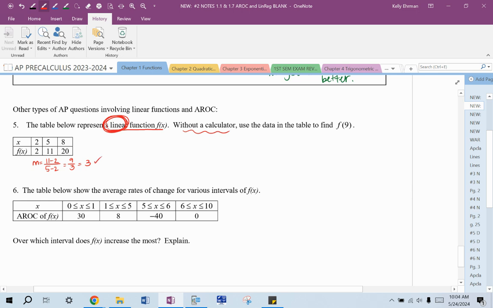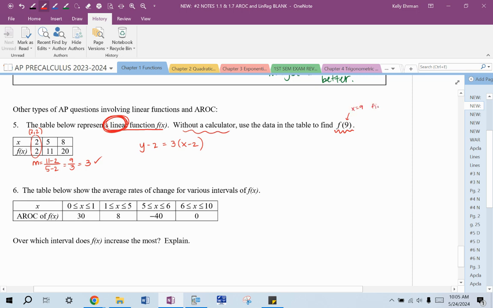I can create the model for f of x. I don't have the y-intercept, so I'm not going to do y equals mx plus b, but I have 3 points on the line, so pick any 3 that you want. The point (2, 2) is on the line, (5, 11) is on there, (8, 20). But I could say y minus 2 is equal to 3 times x minus 2. And I want to find f of 9, so that's when x equals 9.